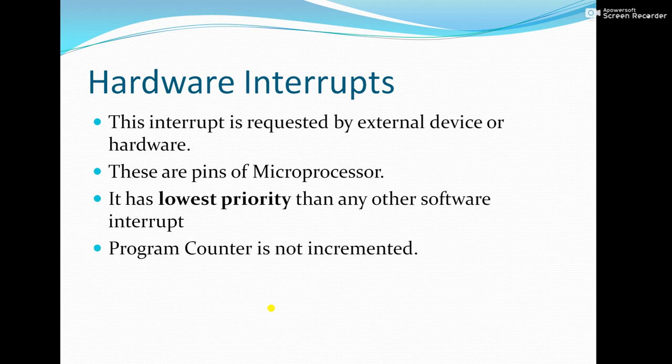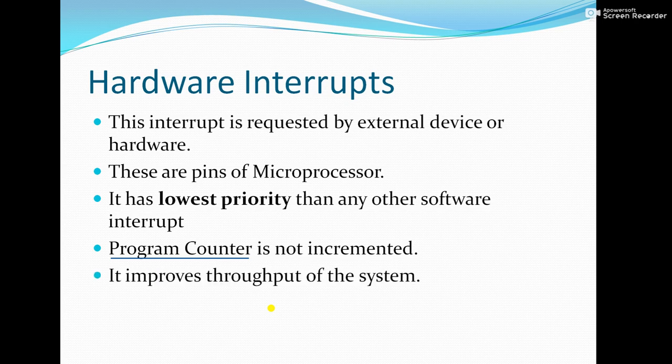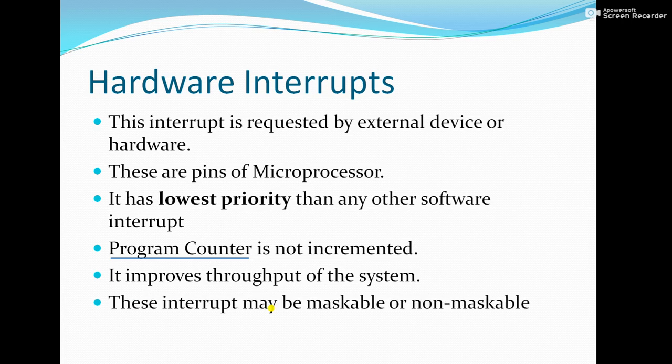Program counter is not incremented. You must have learned what is program counter in previous videos. It improves throughput of the system. What do you mean by throughput? Throughput is the performance of the system. This interrupt may be maskable or non-maskable.